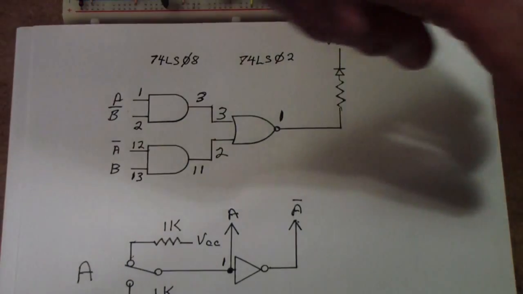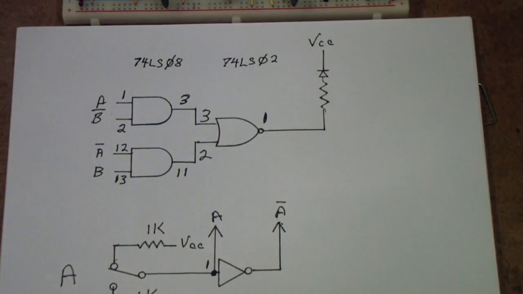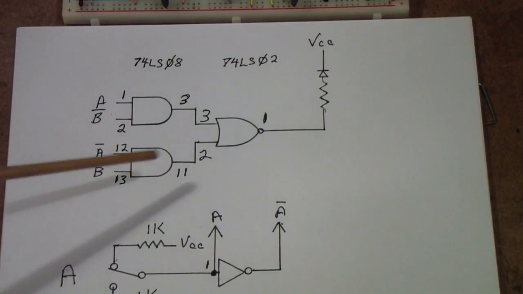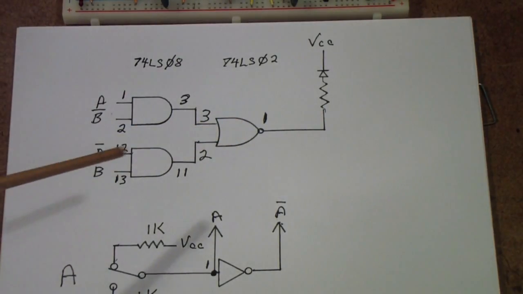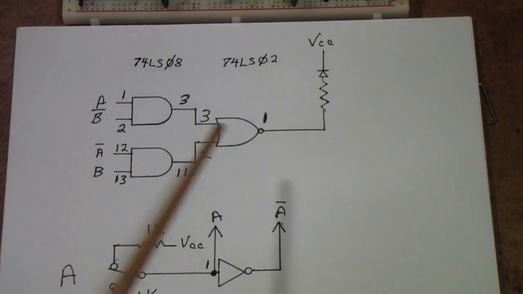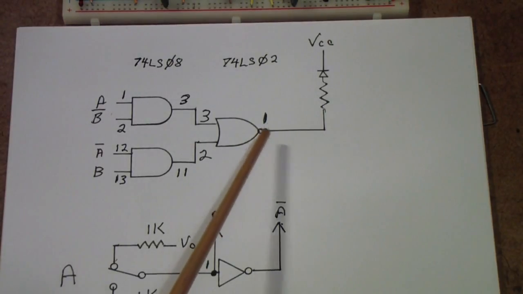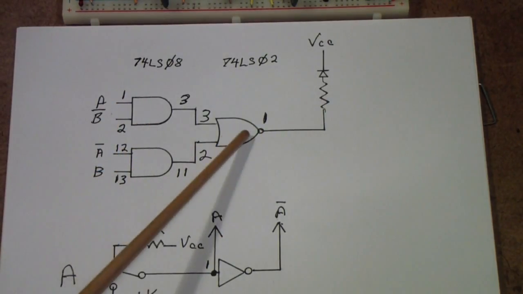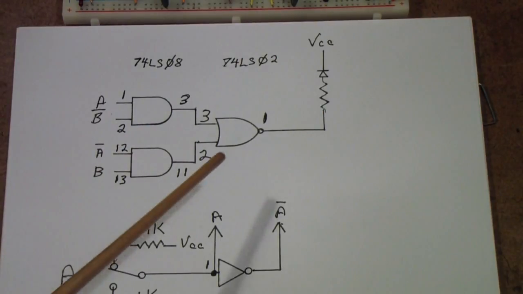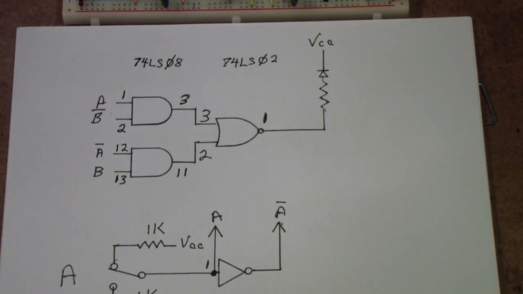Now, I've implemented the circuit using AND NOR gates. I'll explain this in a minute. If it were not for the inversion here, this would be an AND OR realization, as they call it. AND OR is the standard form of logic, combinational logic.